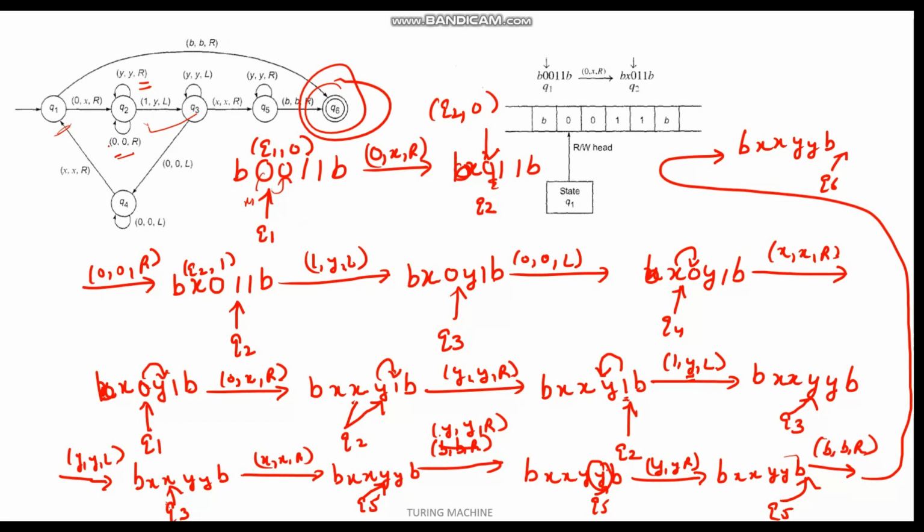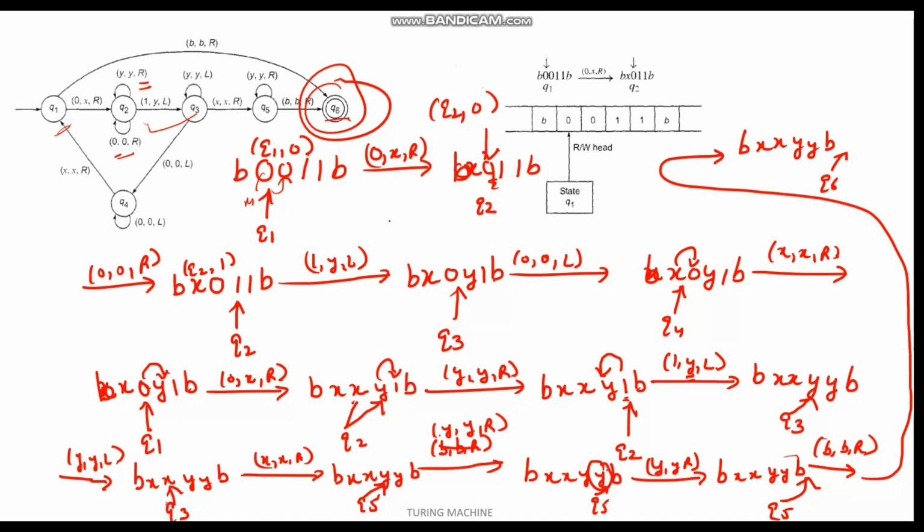Now we know that q6 is the final state. So we started with the initial state and we have reached the final state q6. Also we can say the complete string has been processed. It means this string is accepted by this Turing machine. As we have already discussed, the acceptability of a string is decided by the reachability from the initial state to some final state.